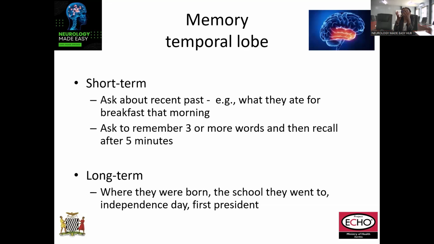So assessing for memory is really for those people who are fully awake and engaged. So you can assess short-term memory and long-term. Short-term, you can give them a couple of things to remember, ask them again 3 months later. Long-term, you find out where they were born, who is their first president, which school did they go to, and you can corroborate that with their family members.